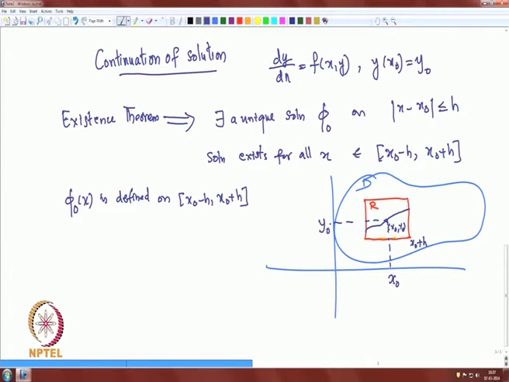Even at the end point x 0 plus h, let x1 be equal to x 0 plus h, that is this point, and the value of phi 0 at x1, the end point, we call y1. So this point is x1, y1.